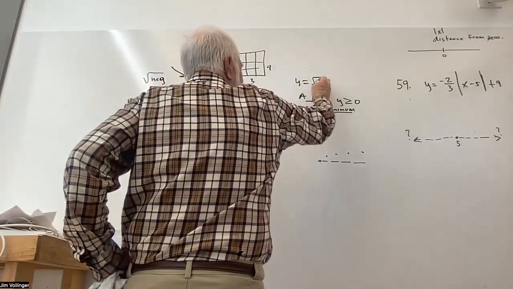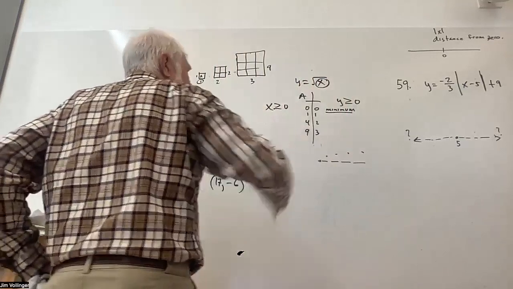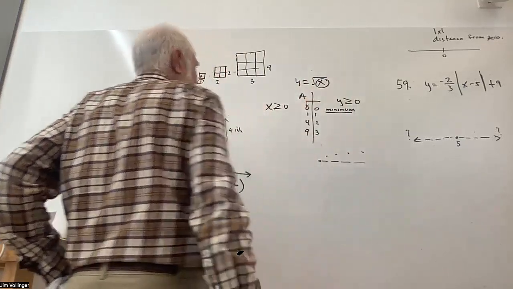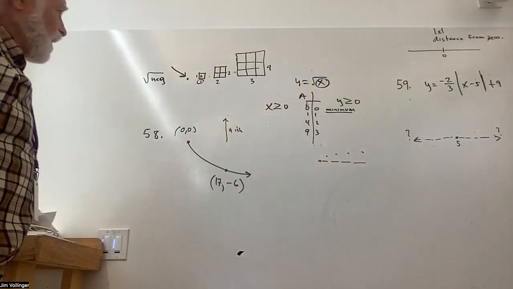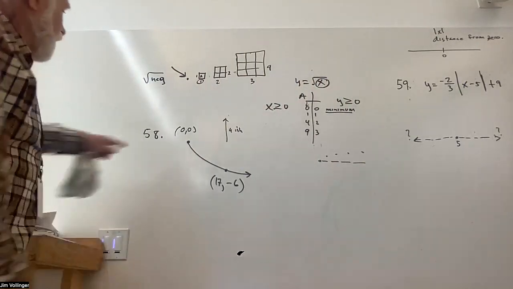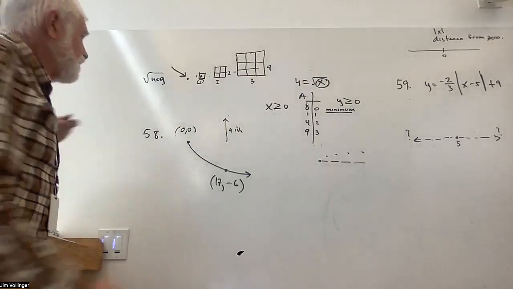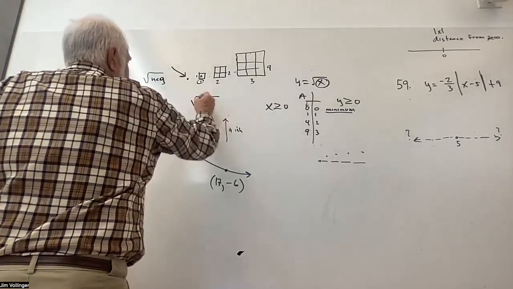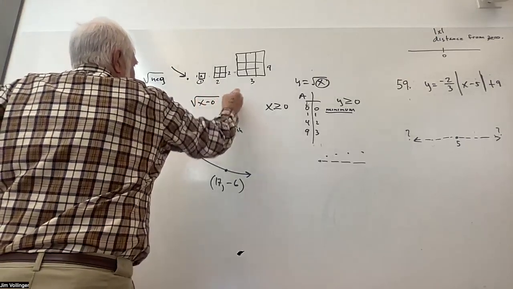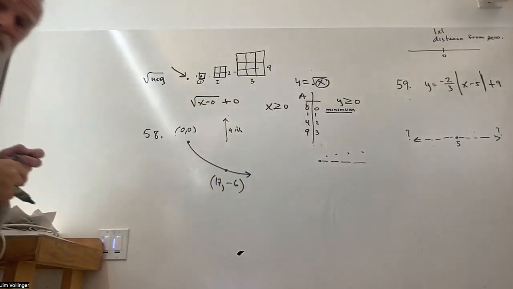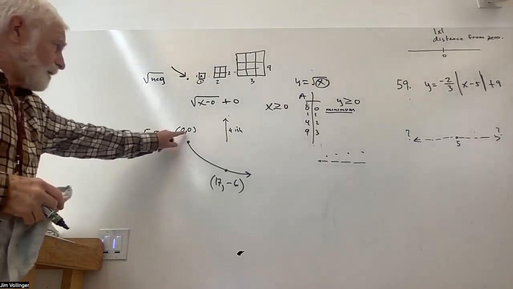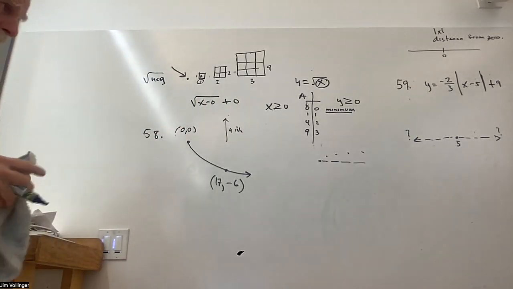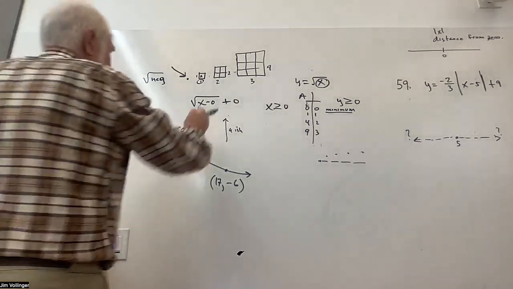When whatever's inside the radical symbol takes on the value of 0. In this case, we are starting from 0, so I can begin by saying x minus 0 plus 0. That's the general form when we have a different coordinate. So in this case, I don't need to do that.